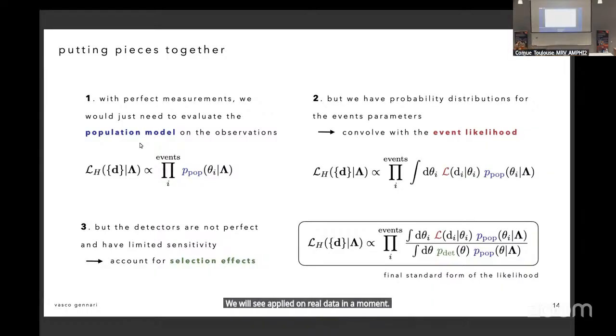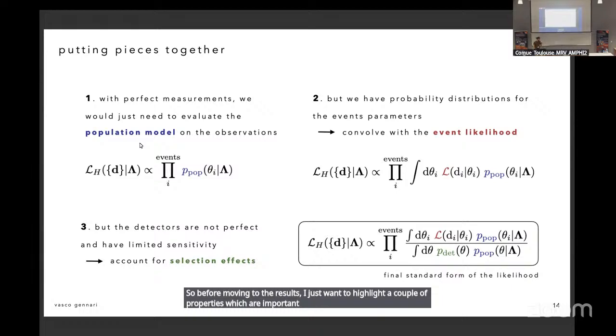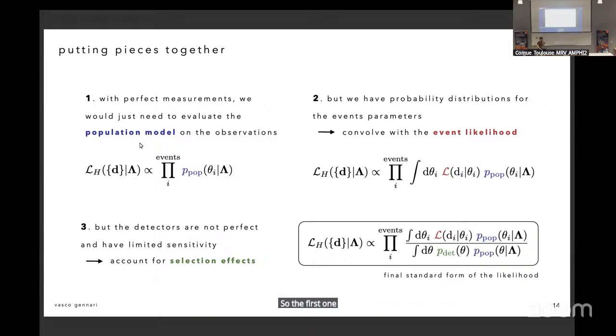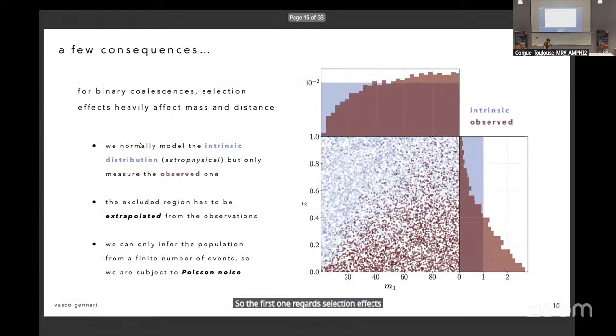So before moving to the results, I just want to highlight a couple of properties which are important. The first one regards selection effects. We know that for gravitational waves, for compact binary mergers, the probability of detecting them really depends on the mass of the system and the distance of the system, for example.